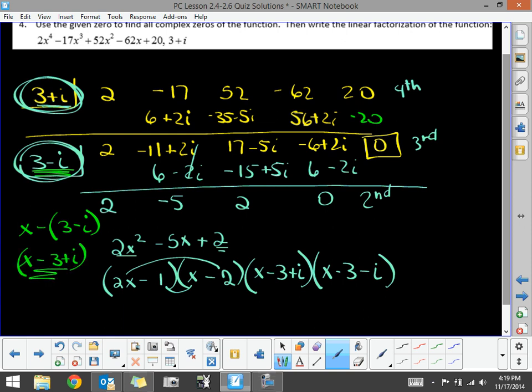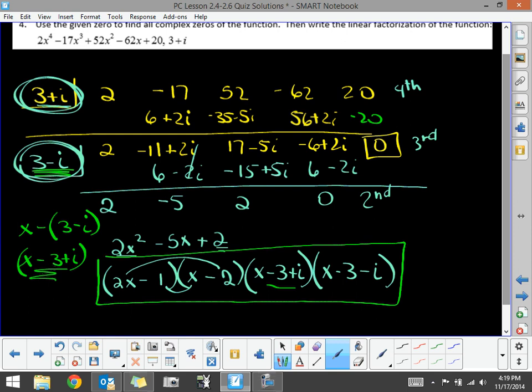So that's why this one becomes x minus 3 plus i, and then you could do the same idea on the other. So what I've done now is I've factored it as a set of linear factors. There should be 4 of them under the fundamental theorem of algebra for our complex solutions.